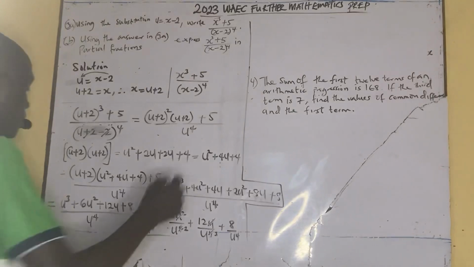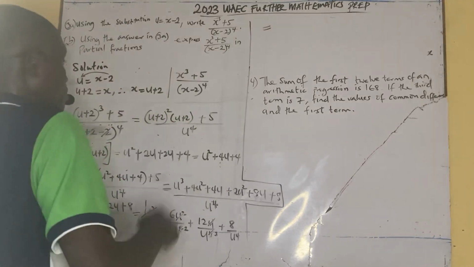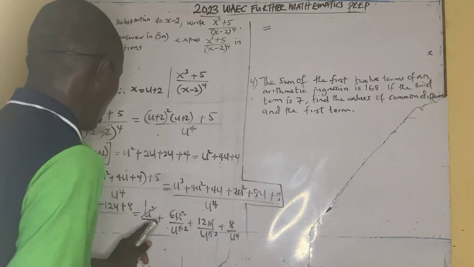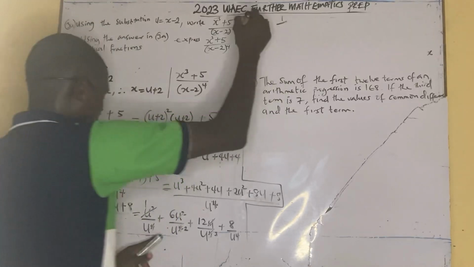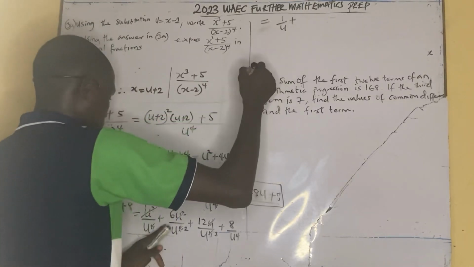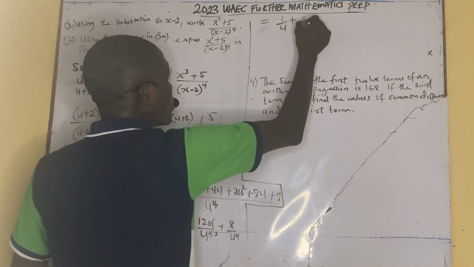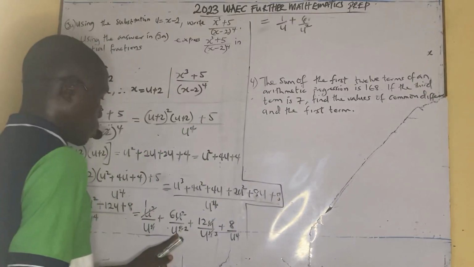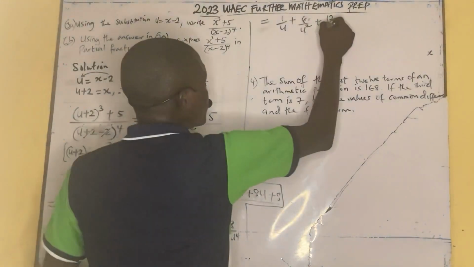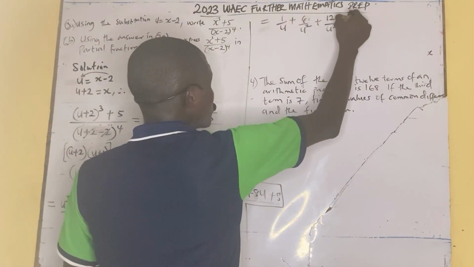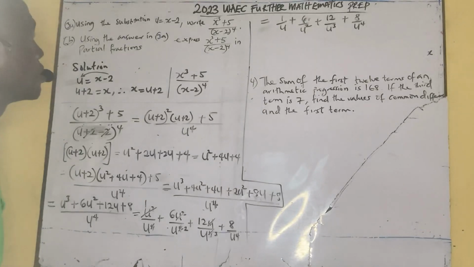So therefore, everything will be equal to 1 over u plus 6 over u squared, then 12 over u cubed, plus 8 over u raised to power 4. So that's that about that.